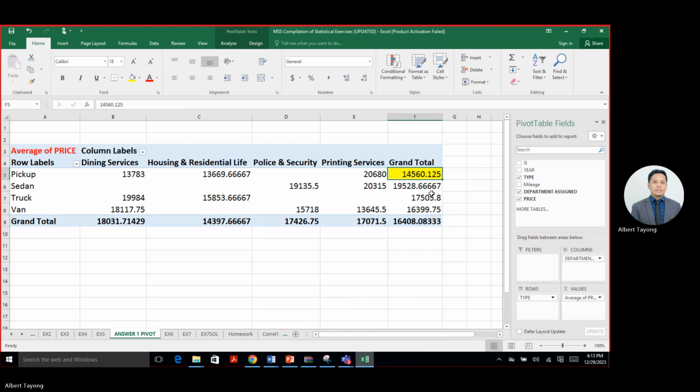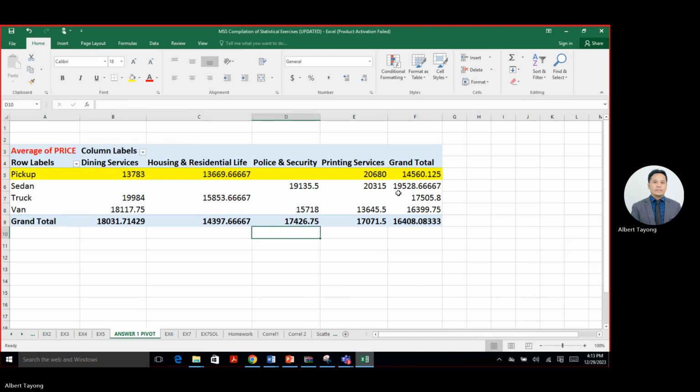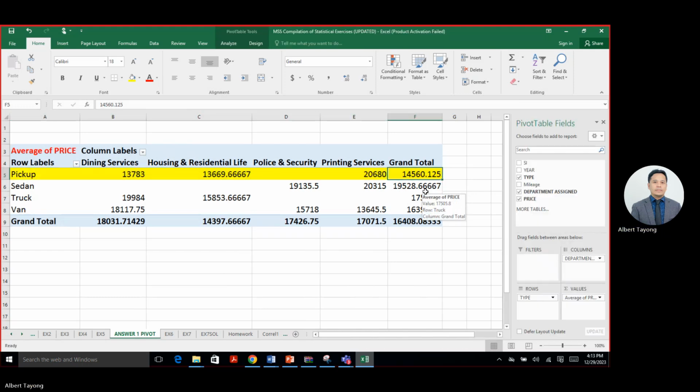This is the average overall, 14,560. Now, what is this 14,560.125? This is the average of pickup, 14,560.125. How to check this? Pickup is a type. This is under rows, so you can go there.